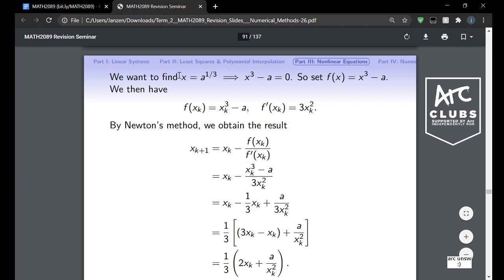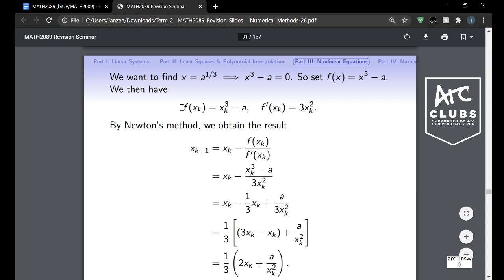So we assign a variable x to this value here. We cube both sides and rearrange the equation such that we equate it to 0. So the general form of a nonlinear equation.